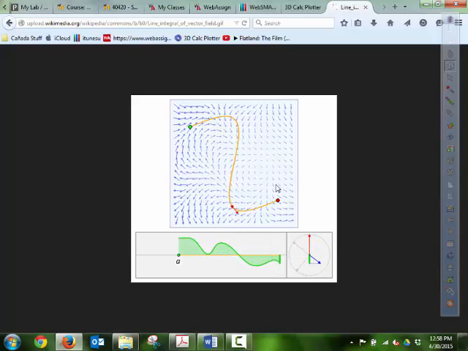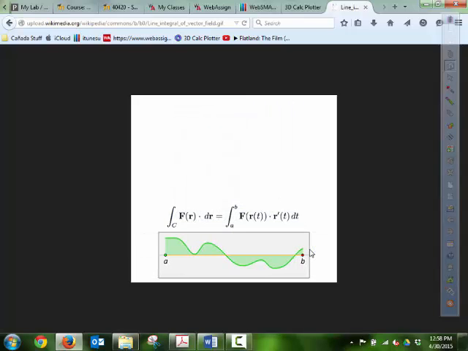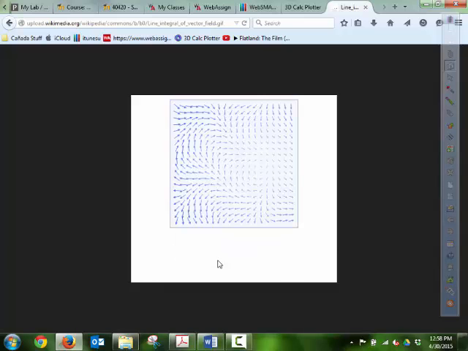So that's what they're doing here: going along this path and calculating all the dot products between the tangent vector and the vector field at the point you're on. Then they add up all those contributions to determine whether you have a positive, negative, or what the actual value is of the work needed. Yeah? The little graph on the left is just after the dot product.